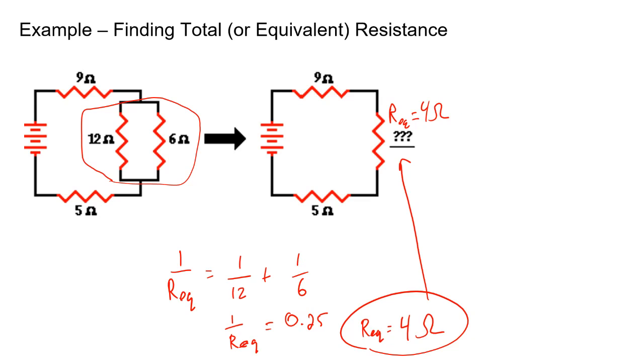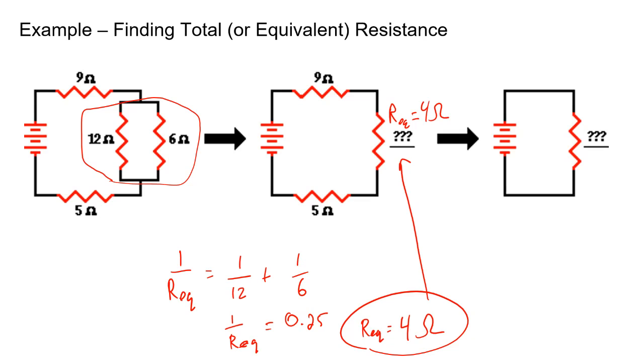Okay, and then one last step, we now have a series circuit with 3 resistors in there, 9, 4, and 5, and the equivalent resistance for a series circuit is a little easier, where we just add them up. So 9 plus 4 plus 5 is 18 ohms.